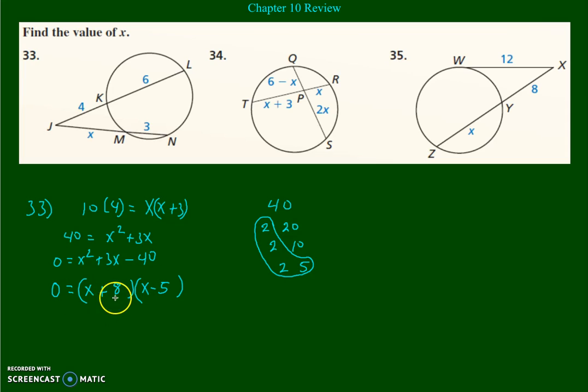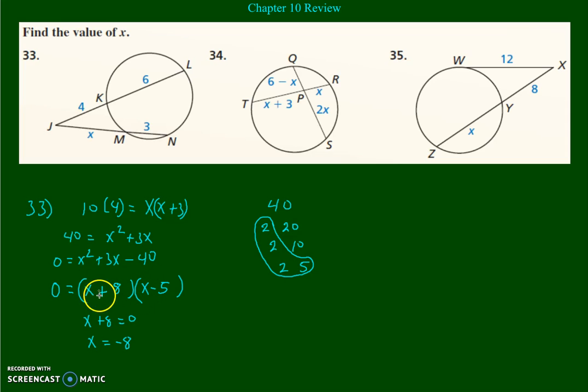Now, using the zero product rule, I know that if x plus 8 equals 0, then x equals negative 8. Now, what I meant by the zero product rule, if the product of two things equals 0, then one of those two things has to be 0.